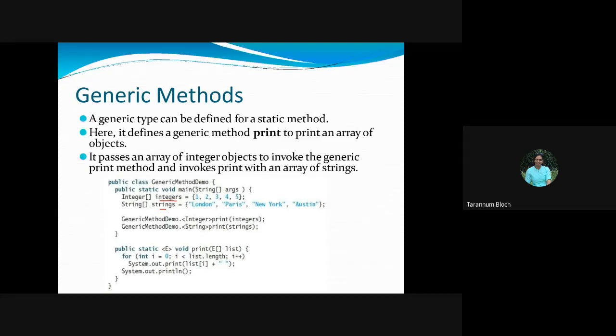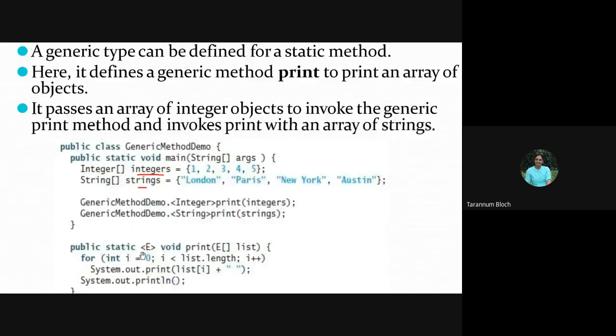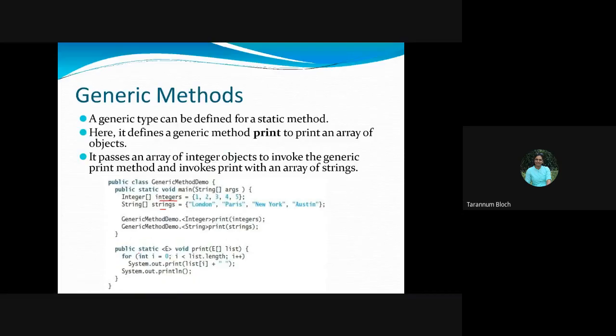But now what we are doing is defining a general print method, which could work with any data type. Not only for integer, not only for string. In general, it should work for everything. And that's why we are taking static.